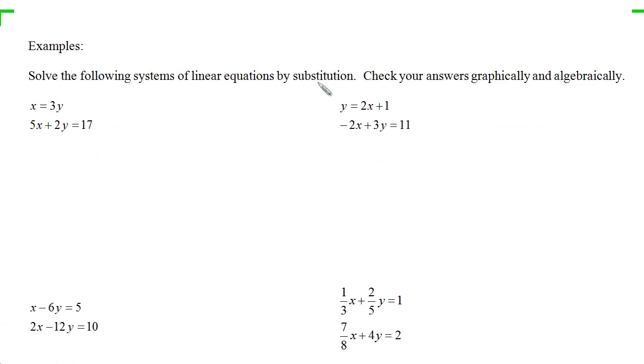Here's what that looks like. So this one's already solved for x, so now wherever I see x, I'm going to go ahead and replace it with 3y. So now go ahead and distribute through here, so this is 15y.